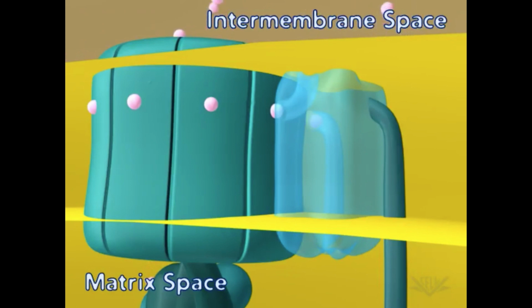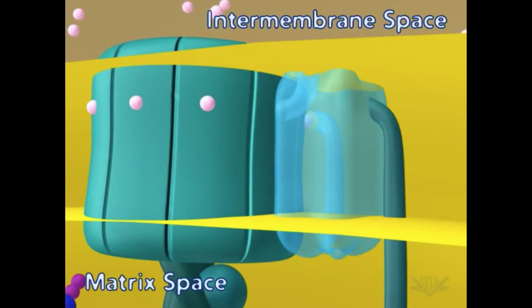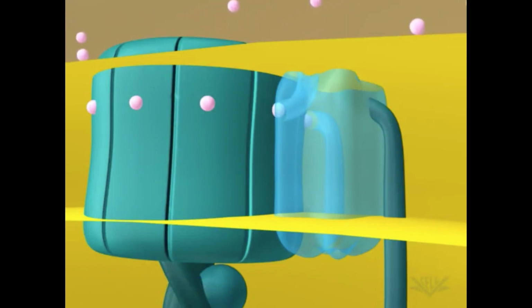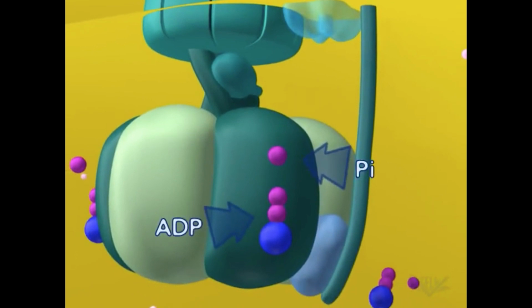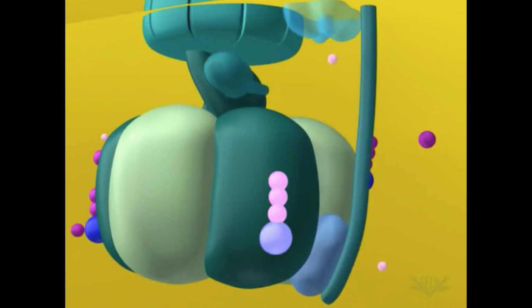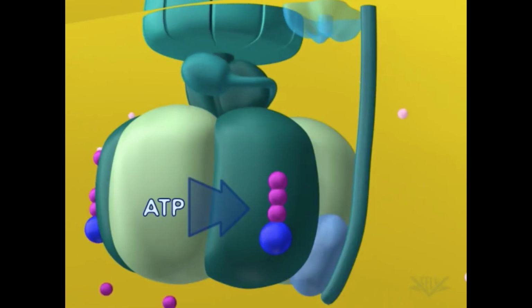The upper part of the ATP synthase complex rotates when a new hydrogen ion enters. Once 3 protons have entered the matrix space, there is enough energy in the ATP synthase complex to synthesize 1 ATP. In this way, the energy in the hydrogen ion gradient is used to make ATP.